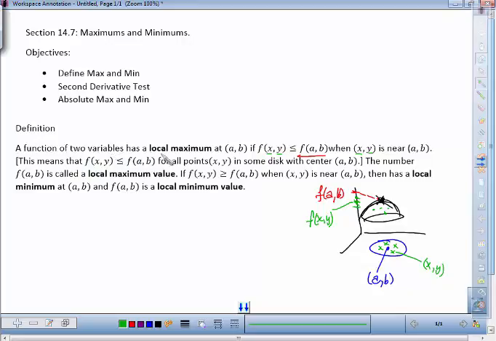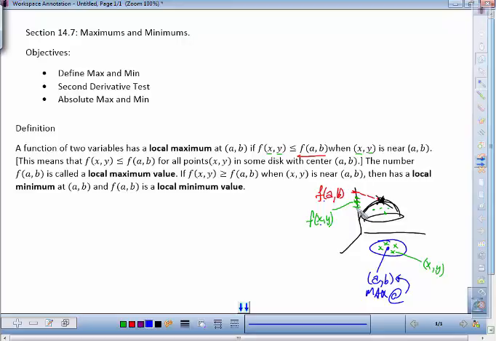So a function of two variables has a local maximum at (a, b), so this is the maximum, if f of (x, y), that's any (x, y) you put in from the domain, as long as you're near (a, b), when you put that into the function, f of (x, y) is going to be less than f of (a, b).